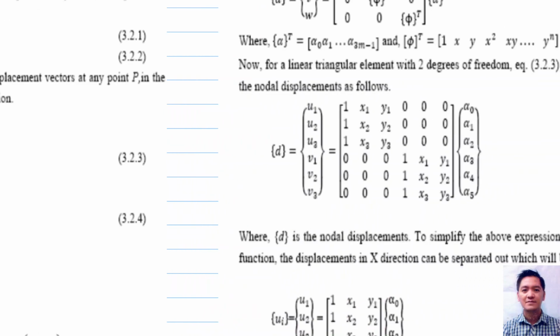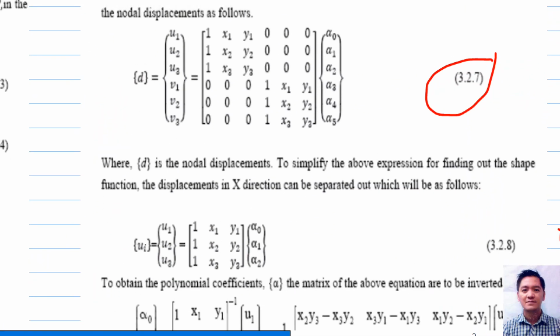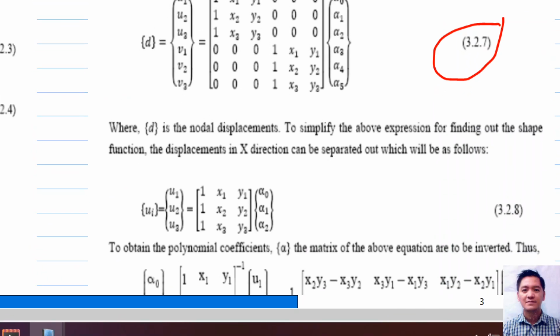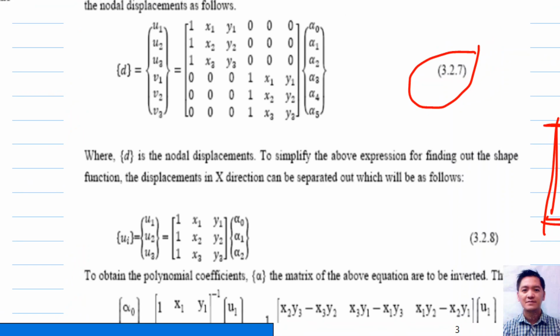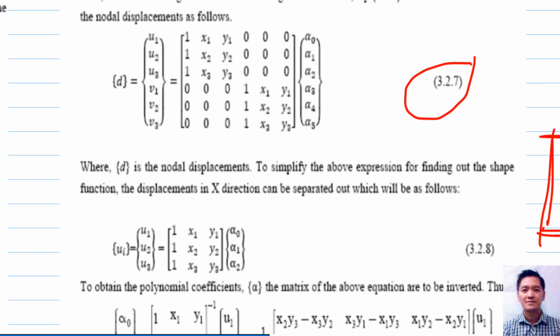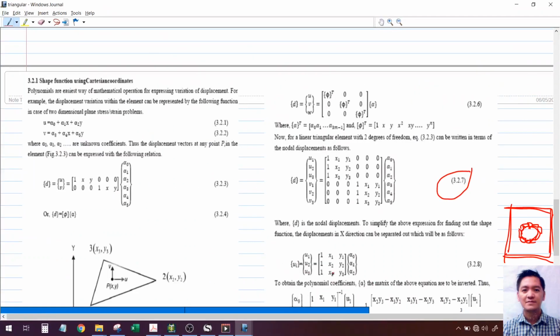Okay, that's it. Now, where D is a nodal displacement. Now, to simplify the above expression for finding out the shape function, the displacement in x direction can be separated out, which will be as follows. So, extract natin yung upper matrix. Focus lang tayo sa U1, U2, U3. And then, syempre, ang involved sa kanya is alpha naught, alpha 1, alpha 2. So, extract lang natin ito.